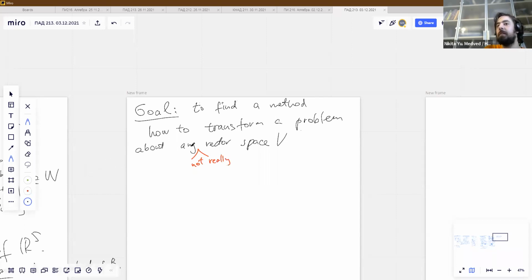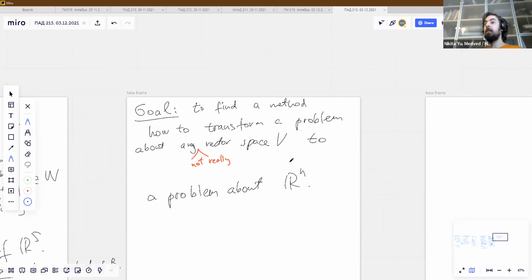When we discuss the method, we will discuss which vector spaces. Still, a problem about any vector space V to a problem about R^n, about columns of coordinates. That's our goal. We're going to do some preparatory things today and next time.